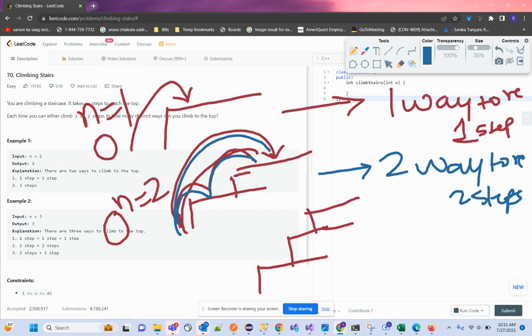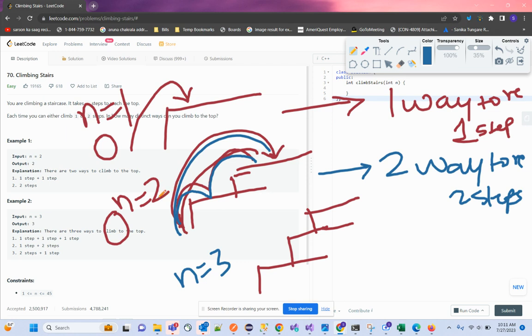We are good. Now we know there are three ways to reach three steps, right? Because we have done that earlier, even at the start of our question. Now there should be some array. I'm solving subproblems, because we have already calculated how many ways there are to reach one step and two steps.